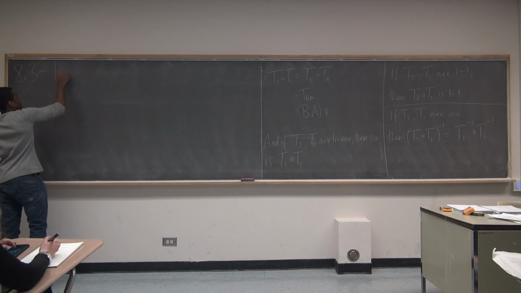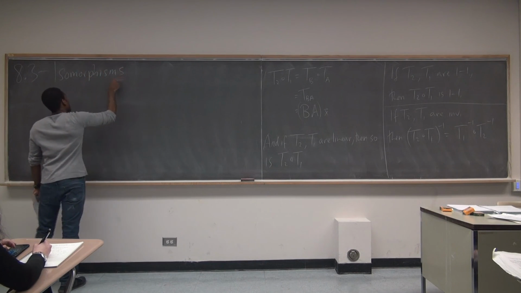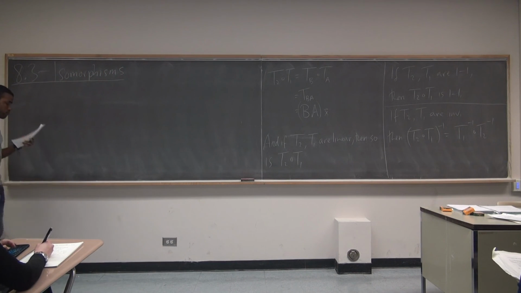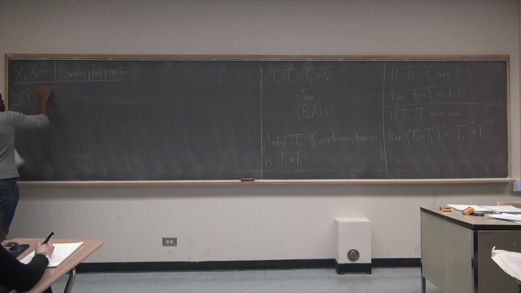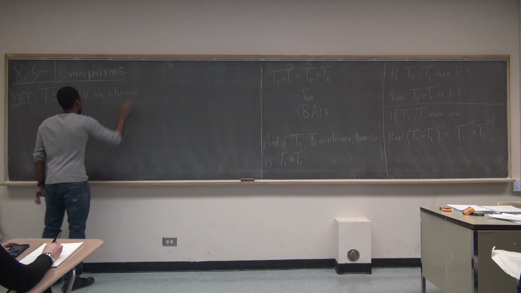8.3, isomorphisms. Definition. It's not a big deal. It's basically an invertible linear transformation. We call it an isomorphism. T goes from V to W, a linear transformation.